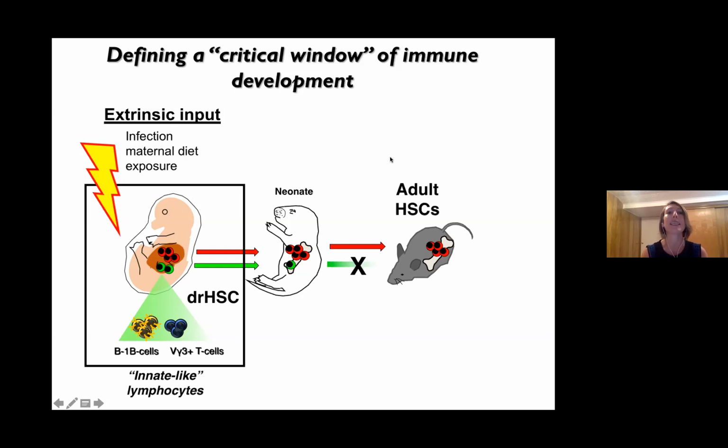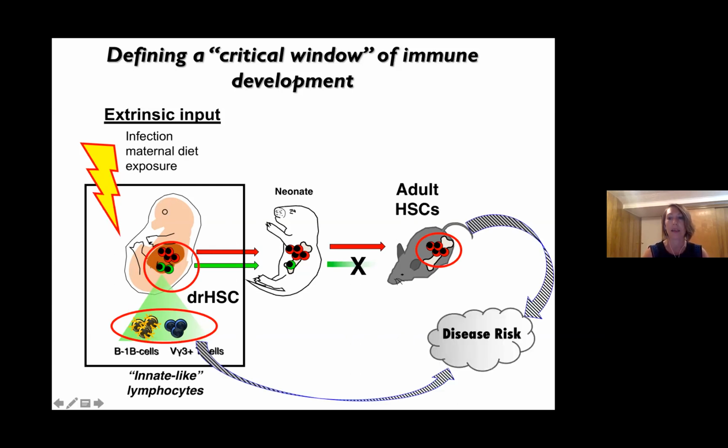We wanted to test specifically how extrinsic inputs shape establishment of the HSC compartment during development, how this in turn shapes the function and output of these developmentally restricted immune cells, how this ultimately affects the makeup and function of the adult HSC compartment, and finally how all of these impinge upon immune function and risk for disease.